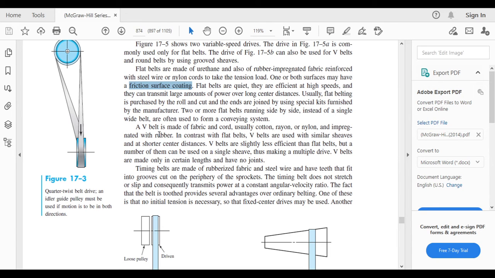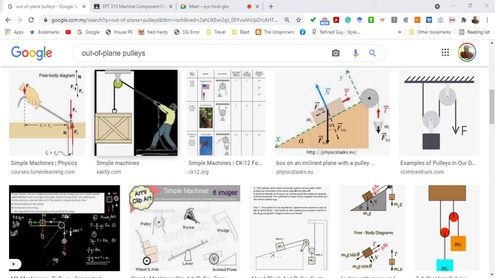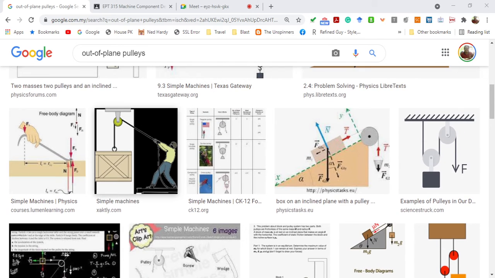Imagine the pulley with a long center distance.